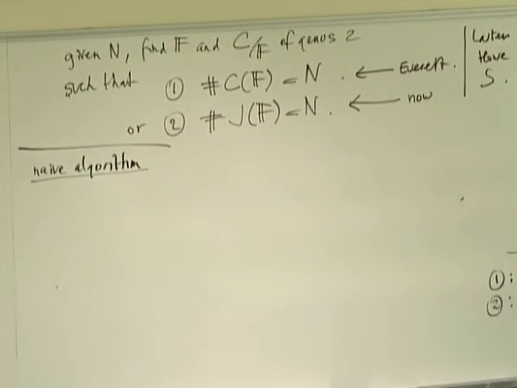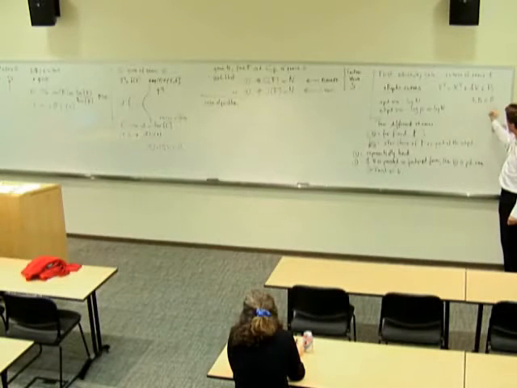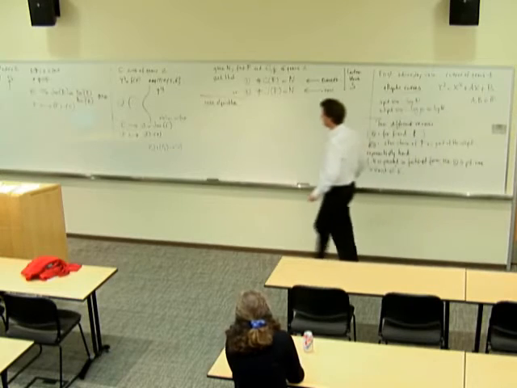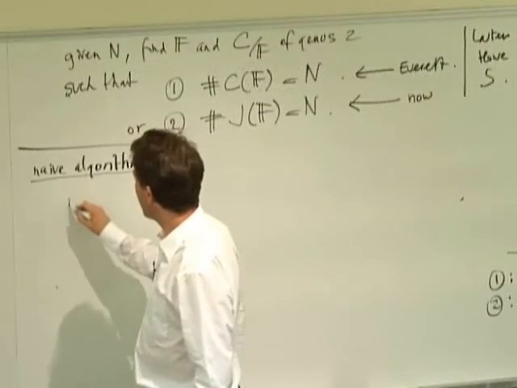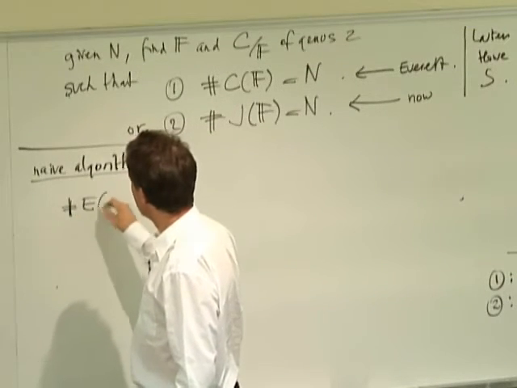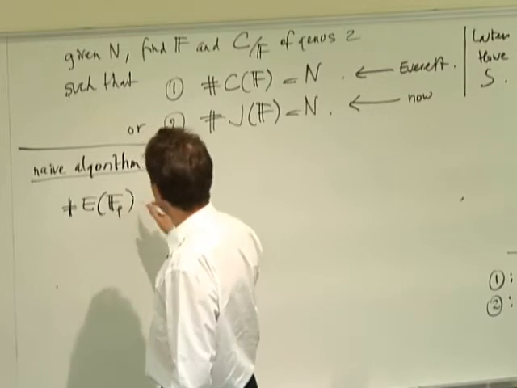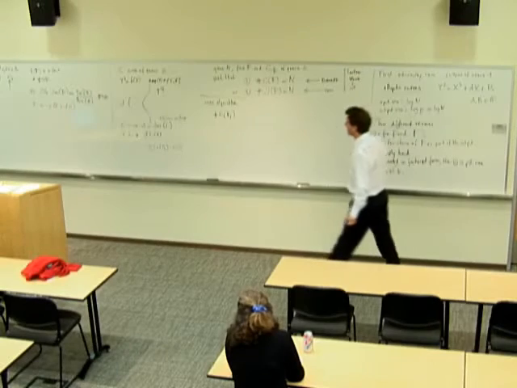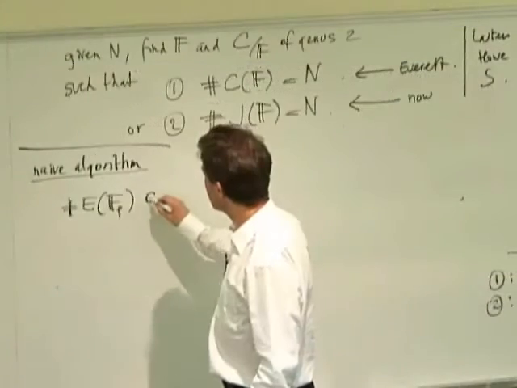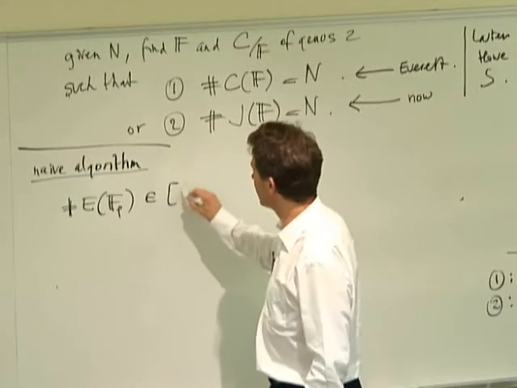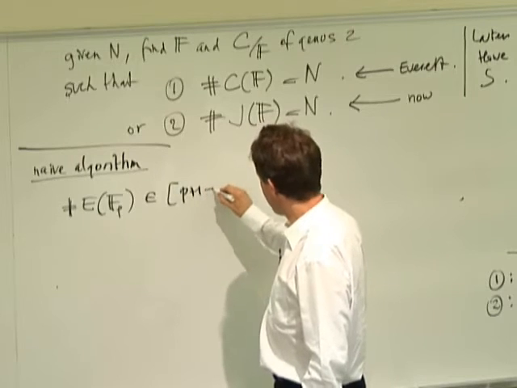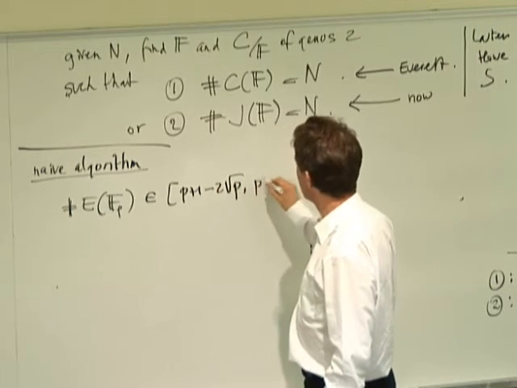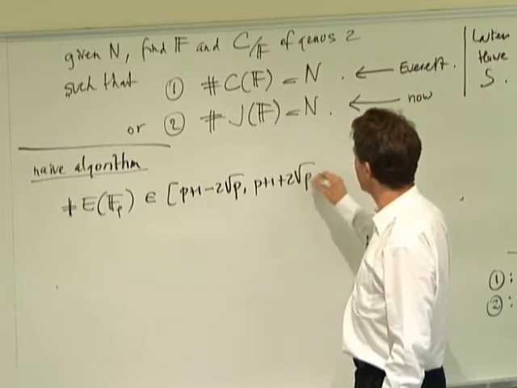If you have an elliptic curve over a finite field, which will be F_p for practical purposes, since there's just many primes and not many prime powers, if you count the number of points of the elliptic curve over a finite field, then you will find an element in the Hasse interval around p. It will be in the interval p plus 1 minus twice square root p, p plus 1 plus twice square root p.